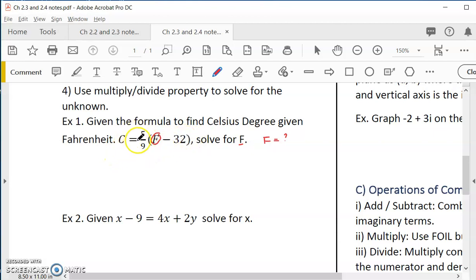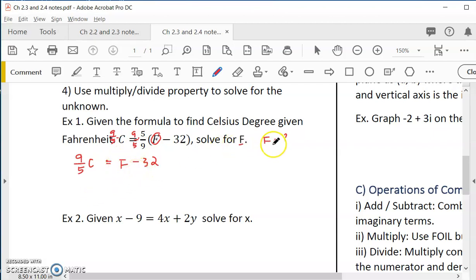So you can multiply by 9 over 5 on both sides. That would mean 9 over 5 C equal to just F minus 32, because the multiple in the parenthesis is gone. It's 1, and if it's 1, then I don't need to write the grouping symbol.